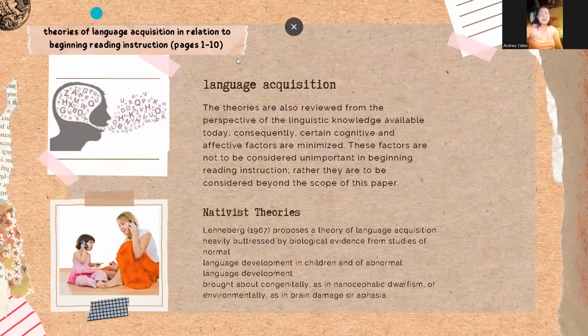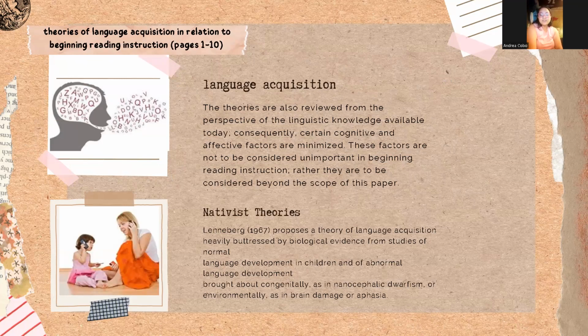Okay, and now I talk about the theories of language acquisition in relation to beginning reading instruction. First, language acquisition. In this, the theories are also reviewed from the perspective of the linguistic knowledge available today.